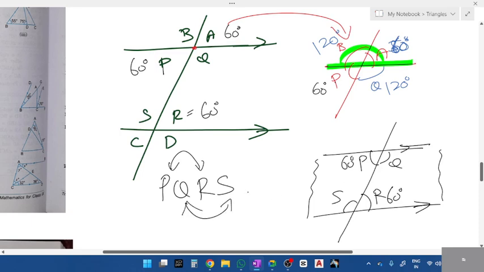Yes, in the same way Q and S. Okay, if R is 60 degrees, what about S, students? It's a straight line. S will be 180 minus 60, 120. So Q also should be 120. Interior alternate angles.